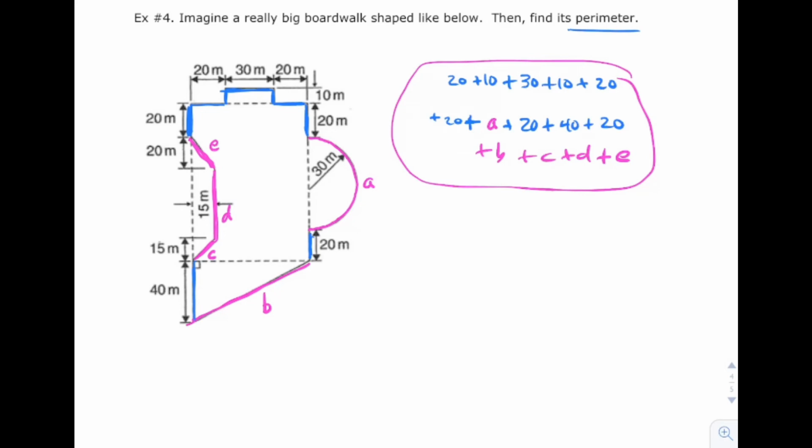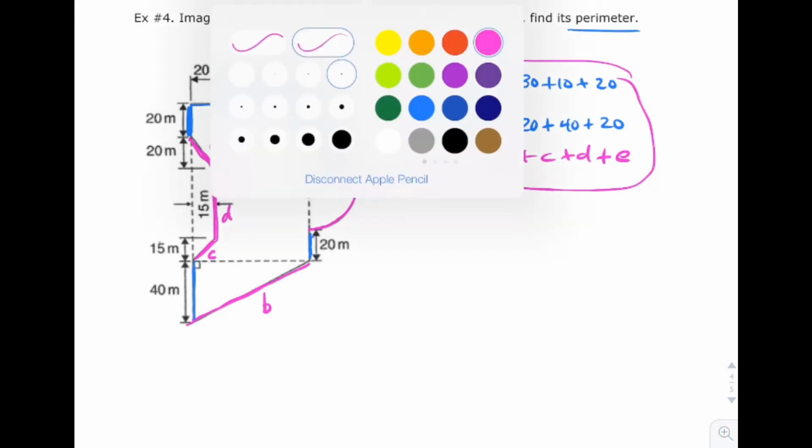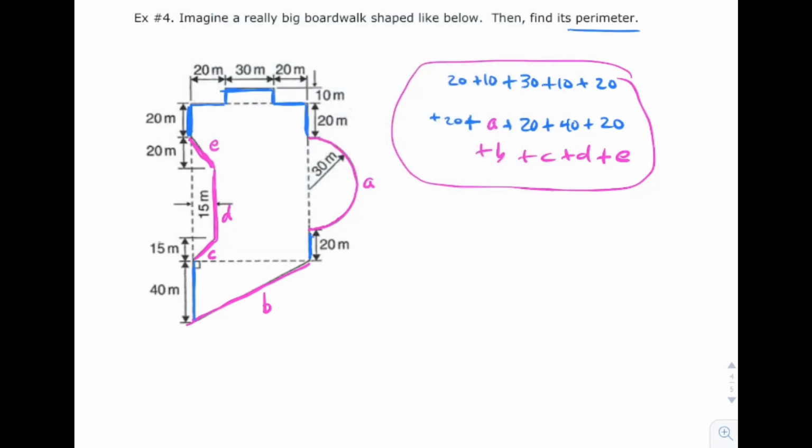I can simplify that a little bit by just saying, okay, let's add all these numbers. 20, 30, 40, 50, 60, 70, 80, 90, 100, 110, 120, 130, 170, 180, 190. So the perimeter is equal to 190 plus A plus B plus C plus D plus E. So one thing at a time, getting the A, the B, the C, the D, the E. I'm going to look at the A. Well, it's half a circle.